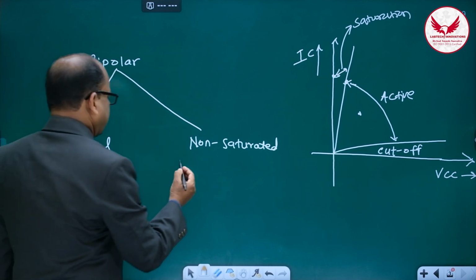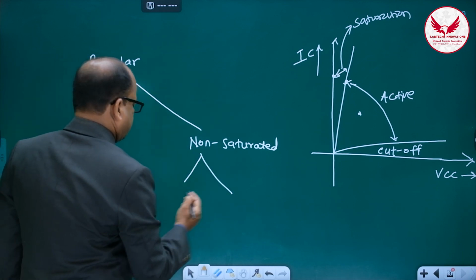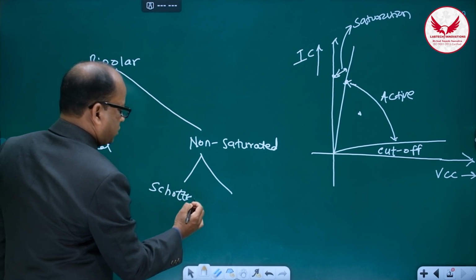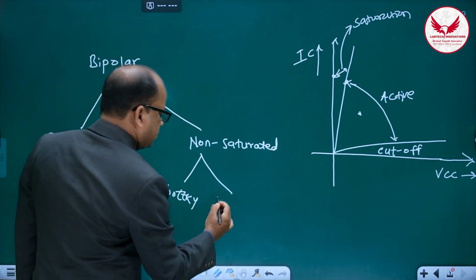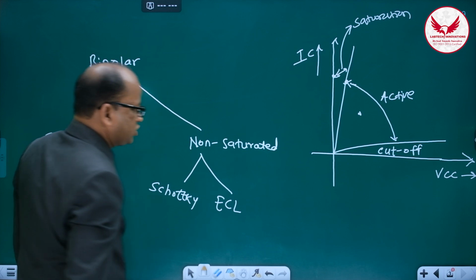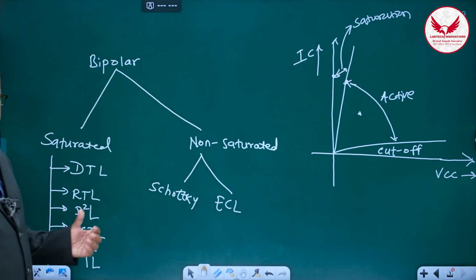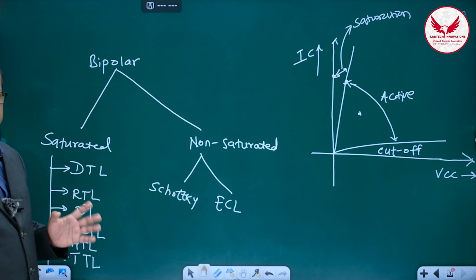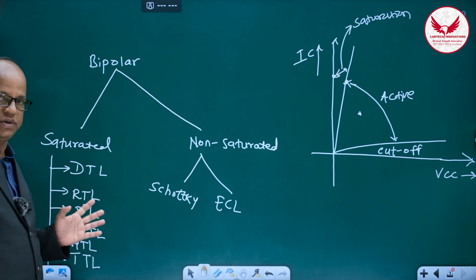Then two types are there in non-saturated. One is Schottky TTL and the ECL. Here care is taken that the transistor should not be operated in deep saturation.